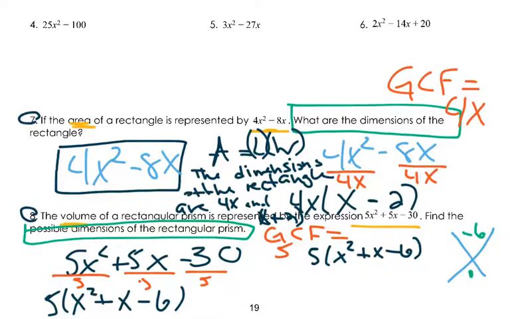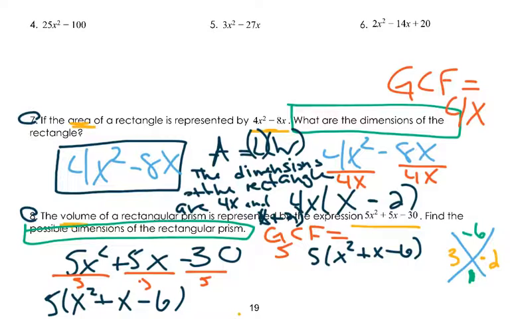I need two factors that multiply to negative 6 but add to 1. So I know at least one of them is going to be negative. Two numbers that multiply to negative 6 but give me 1 would be 3 and negative 2. 3 times negative 2 is negative 6, but 3 minus 2 is 1.